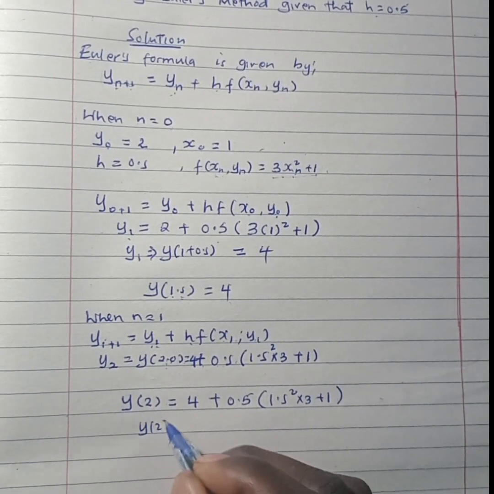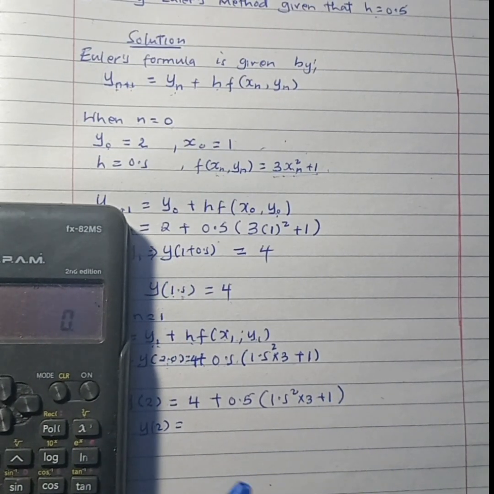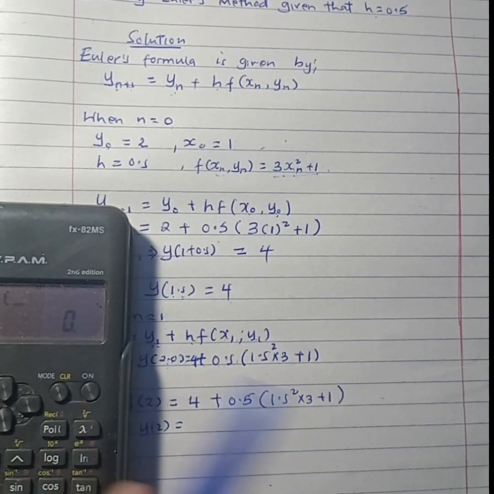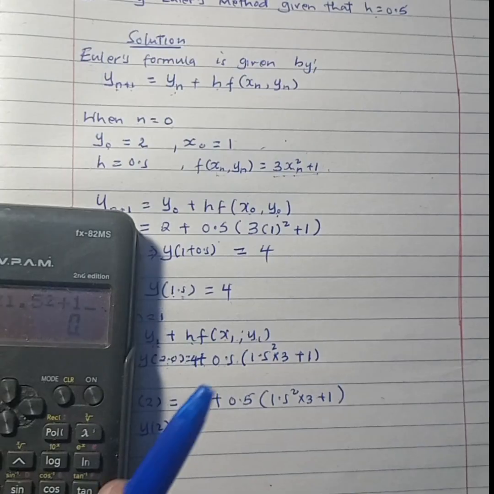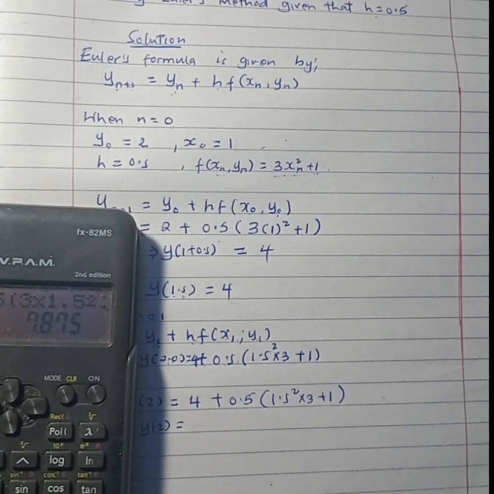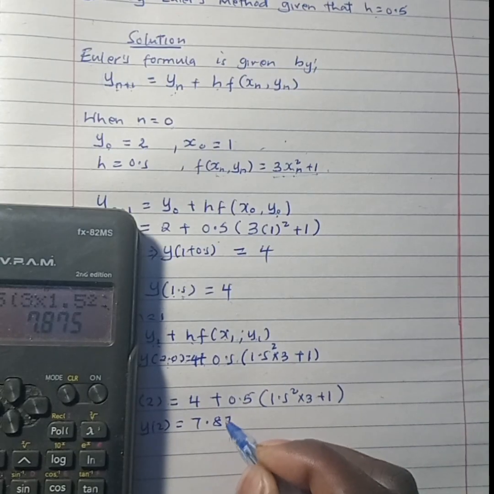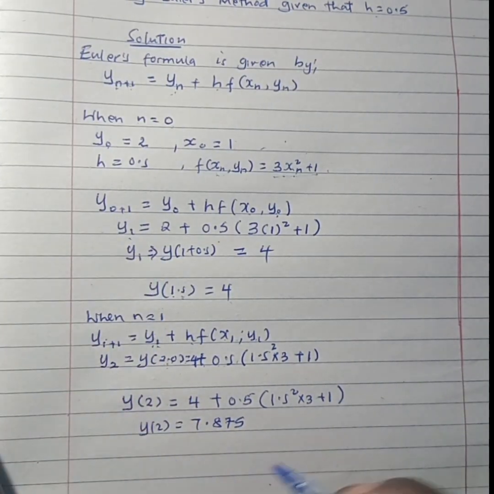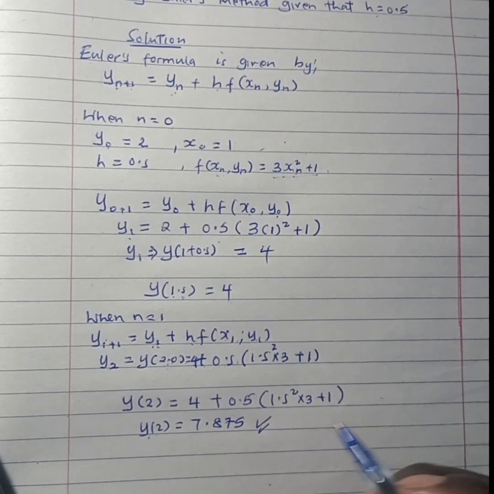Using the calculator, 4 plus 0.5, open the bracket, 3 multiplied by 1.5 squared plus 1, close the bracket. You will get 7.875, and this will be the value of y of 2. This will be our final answer.